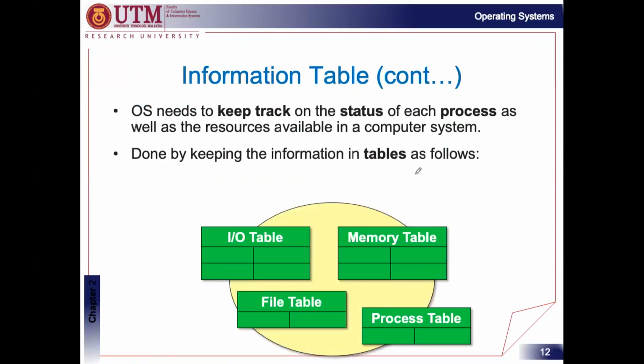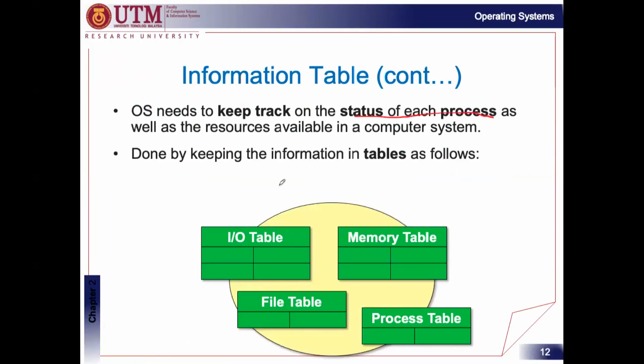Information table. The operating system needs to keep track of the status of each process as well as the resources available in the computer system. This is done by keeping the information in a table. So they are using the concept of information tables.